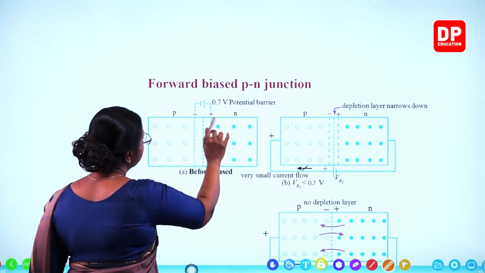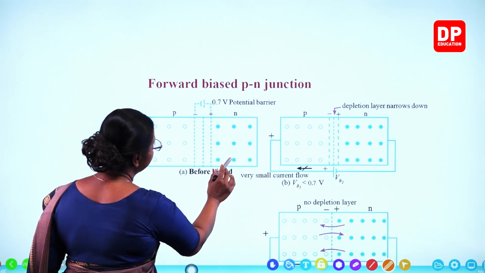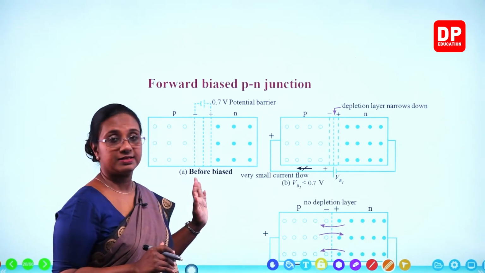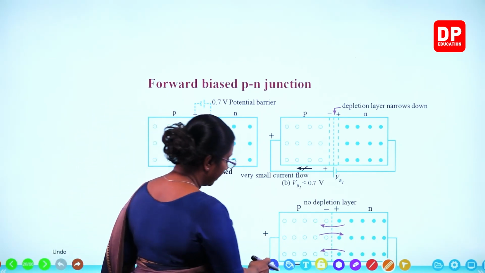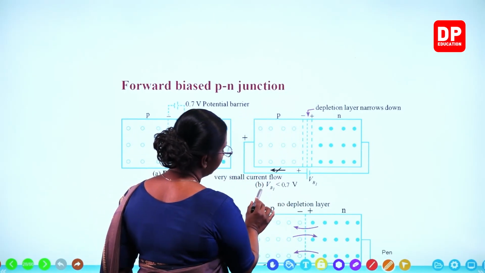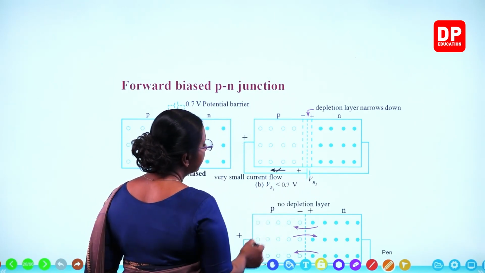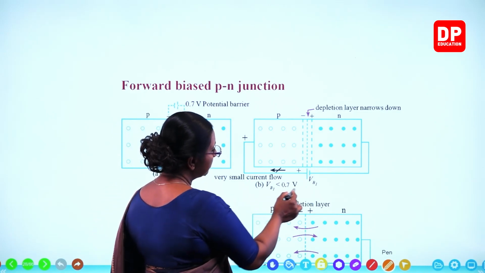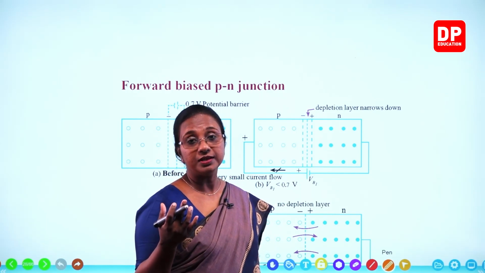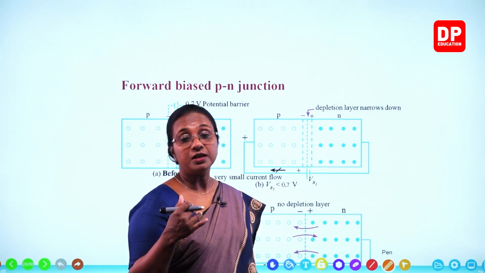That is similar to a hypothetical battery like that, where the P region is connected to the negative potential and the N region is connected to the positive potential. So, that is before biasing. After biasing, what happens here? Now, the second one, very small current flow, that is when VB1. VB1 is the bias potential that we apply to overcome the depletion layer of the PN junction.